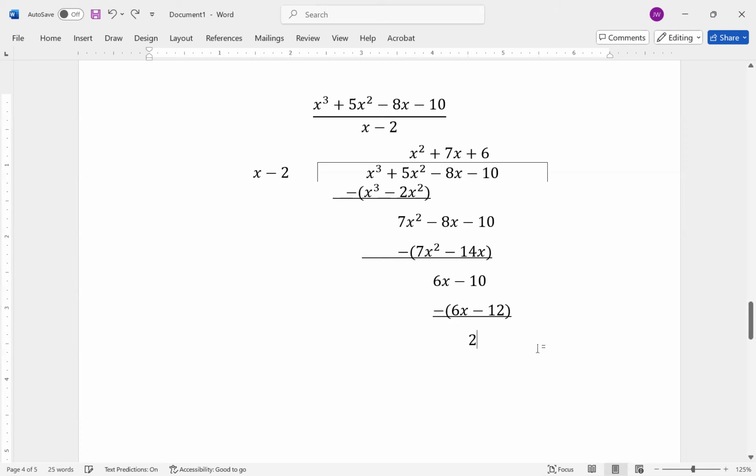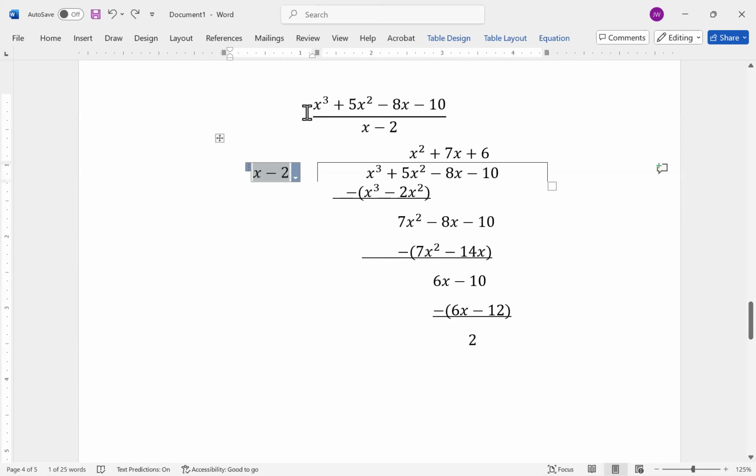Now I want to point something out. Because I was dealing with a linear expression here as my divisor, my remainder is just a numerical value. It's not a polynomial with multiple terms. It's just a constant.